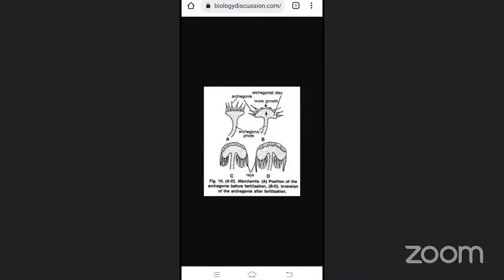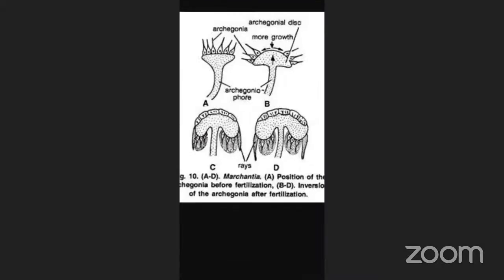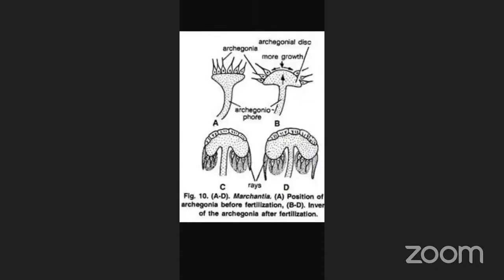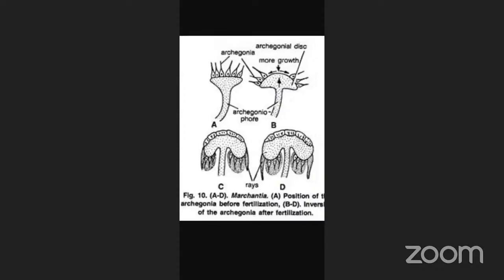See here, this is the mature archegonia. At maturity the rays, the lobes, are turned downwards, near to the stalk.